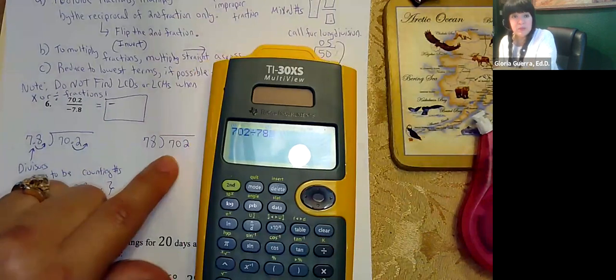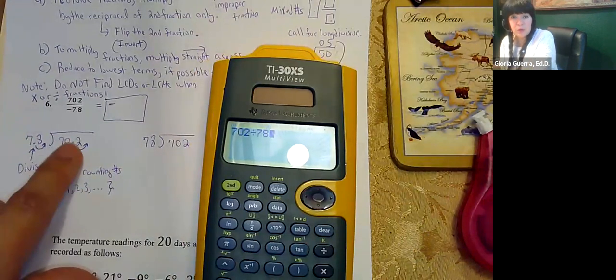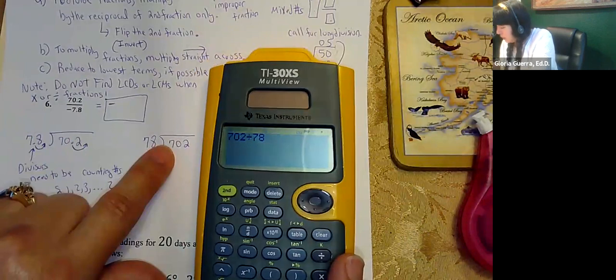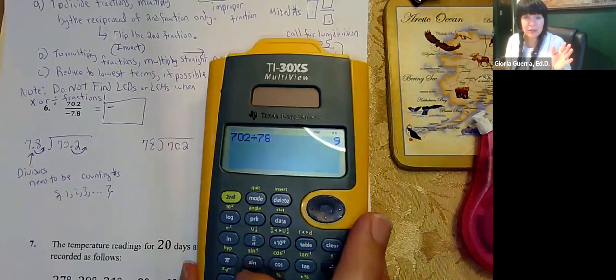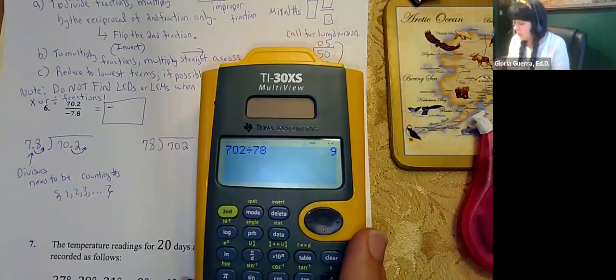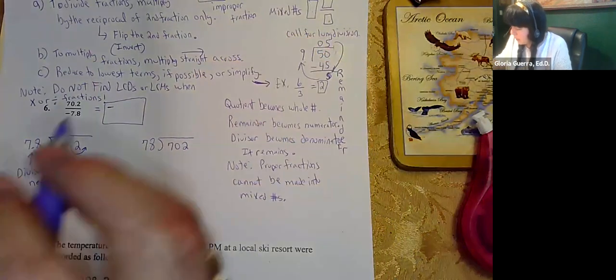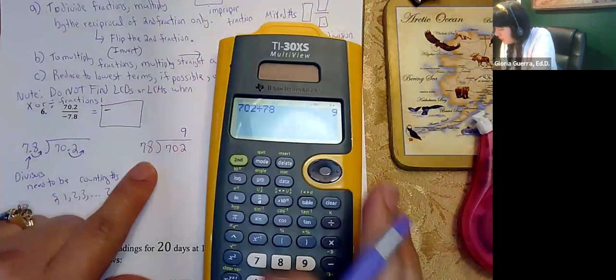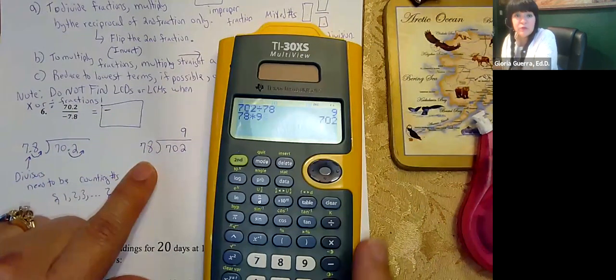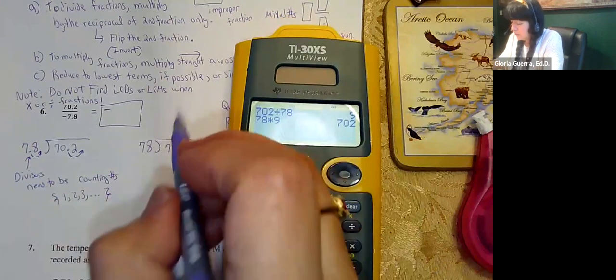So you're expected to show this work. And then here you can use your calculator. And oh, this is nice. It goes into it nicely, exactly 9 times. And 78 times 9 is 702. So you know how you multiply this times this?